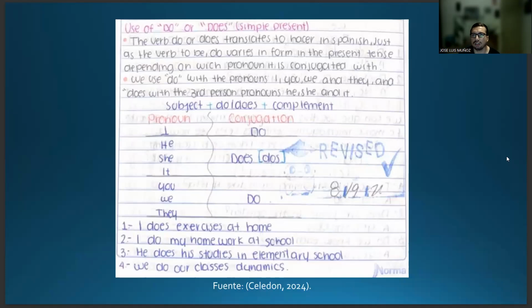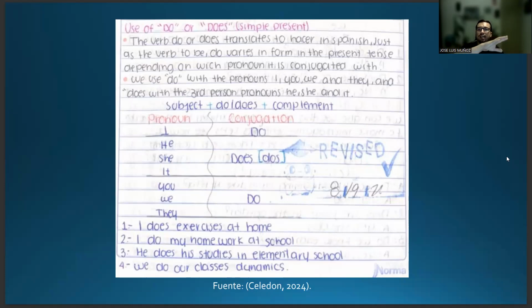Use of do or does, simple present. We have the verb do or does, which translates to hacer in Spanish, or ser, realizar. As with the verb to be, the present tense varies in form depending on which pronoun it is conjugated with. We use do with the pronouns I, you, we, and they, and does with the third person pronouns he, she, and it.